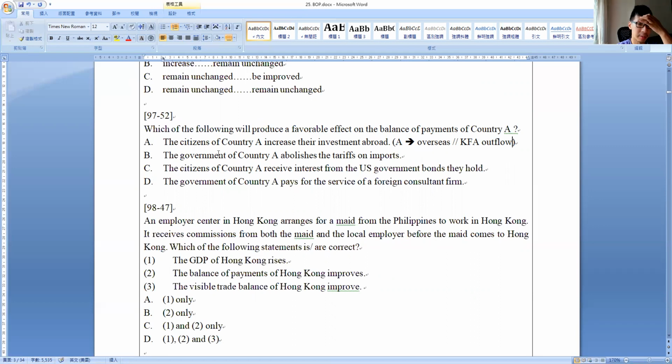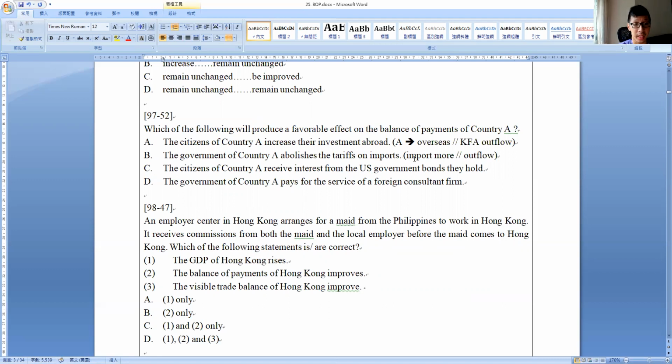Now the government of country A abolished the tariff on import. Therefore, will import more. Remember, when you import something, you pay money out. So when you import more, you pay more money out. We have an outflow of money, not the answer we want.